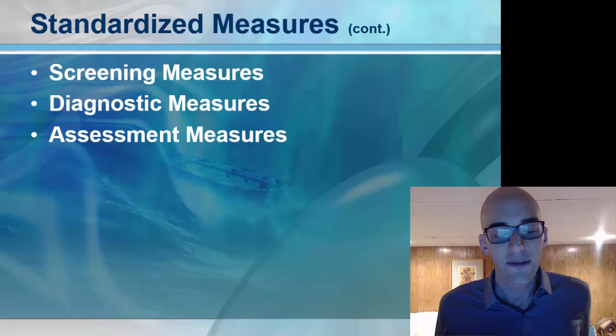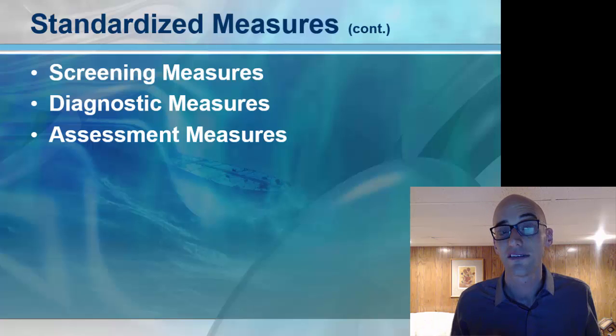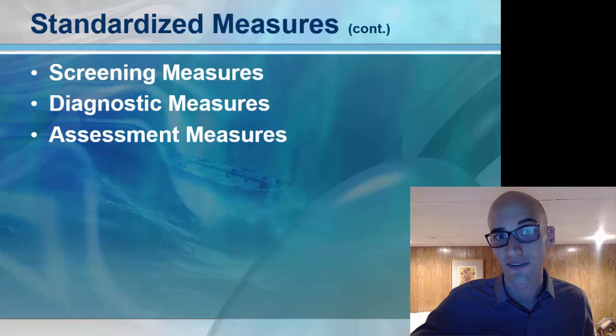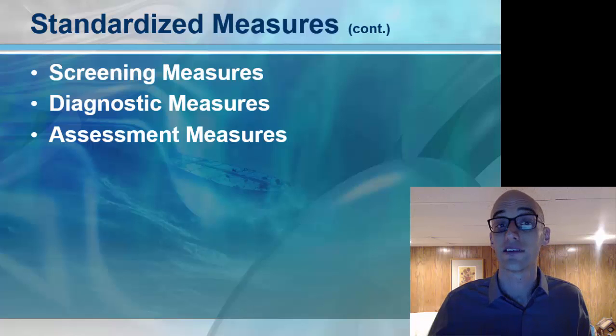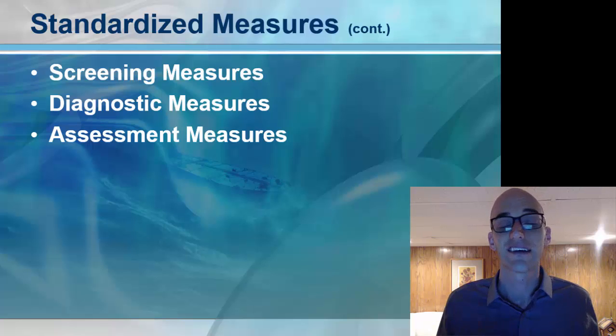And so one last thing about this, some of these measures are screening measures. So the geriatric depression scale was a screening measure for depression. If somebody scored above 5, they would screen in. Diagnostic measures might be something more like the MMPI. So the MMPI is couple hours long.